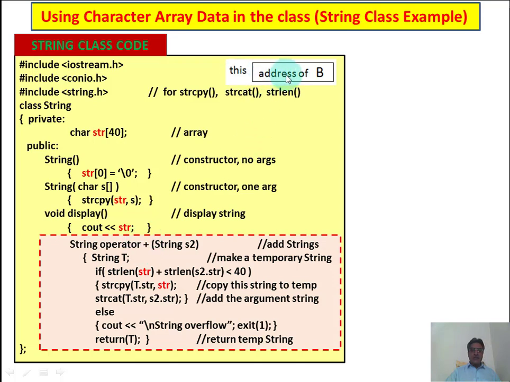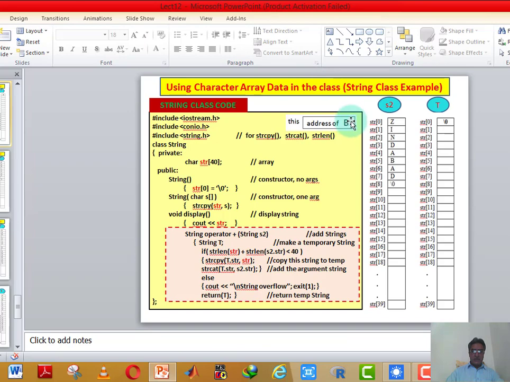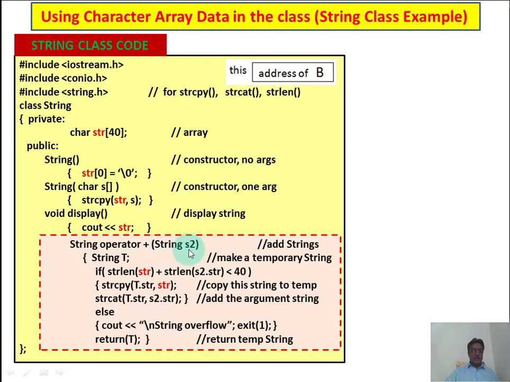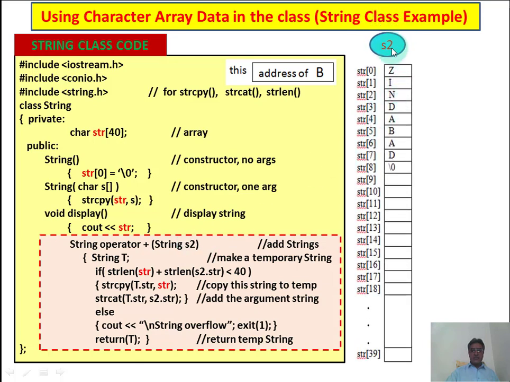This pointer will store the address of P, while the value of Z will be passed to S2, and you may see S2 contains Zindabad because Z contains Zindabad and the Z value is passed to S2. So S2 contains the value Zindabad.